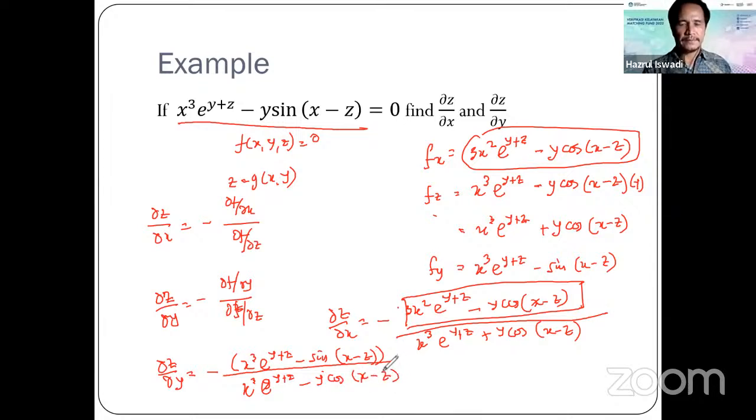Yeah, this is the answer of this example.